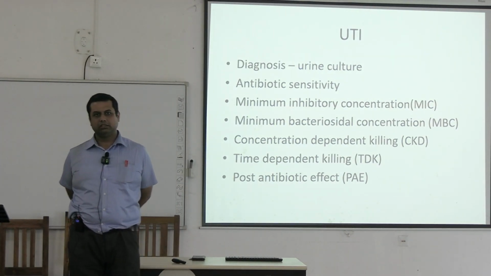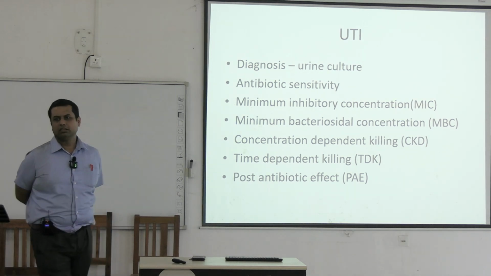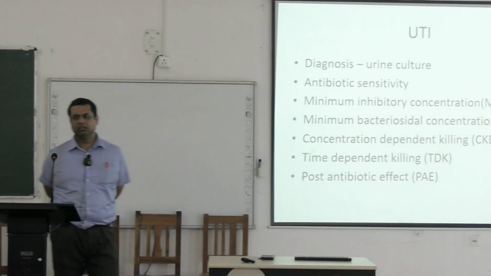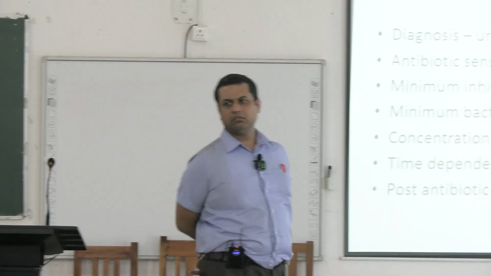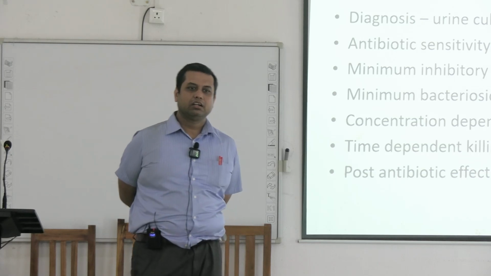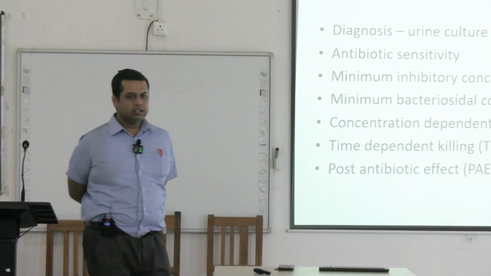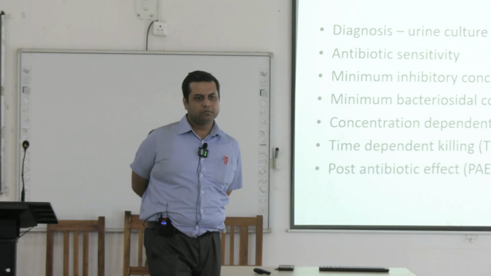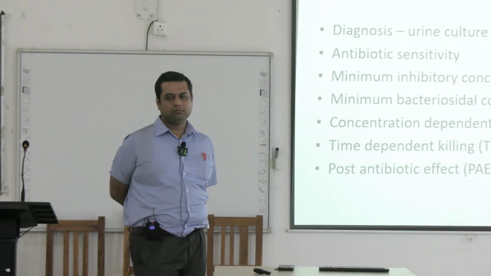What is the colony count? If a bacterial colony count is 10 to the power of 5 per ml, that is UTI. So that is the surest test of bacterial colonization of the urinary tract.